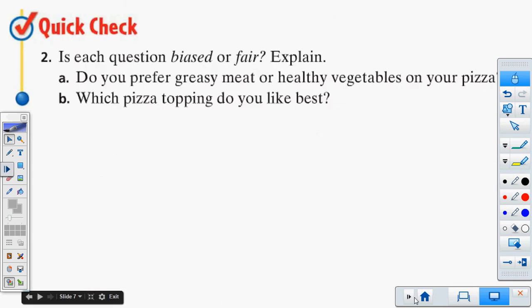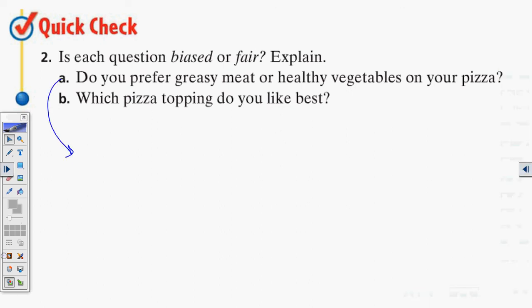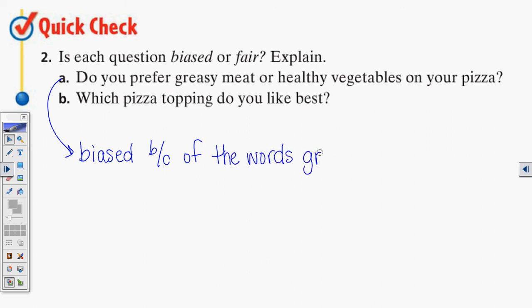Okay, so try these. Is each question biased or fair? And then you have to explain. So A is a biased question because of the words greasy and healthy.